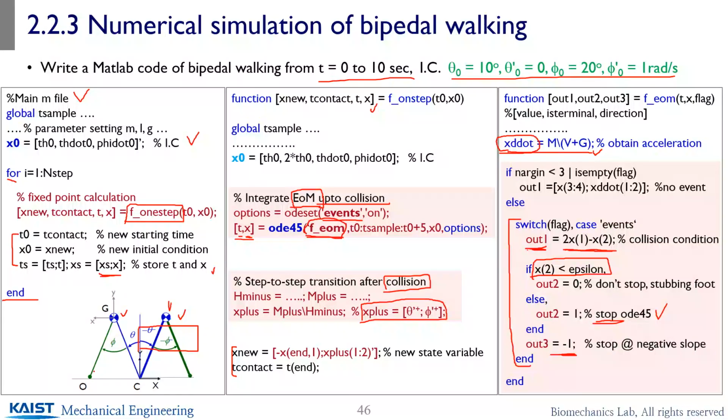Yes, because your swing leg is moving forward and back, and that's where collision occurs. So usually phi is greater than theta, so the negative slope matters. So when this event occurs, it means collision. You stop integrating the equations of motion and toss your calculated value to the collision calculation part. If there is no event, your output is simply the equations of motion based calculation for the acceleration.